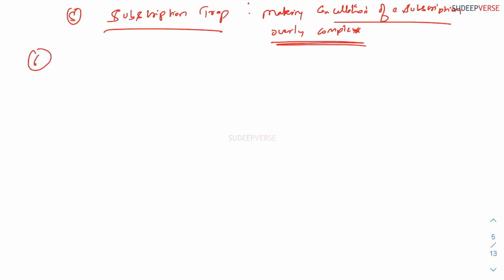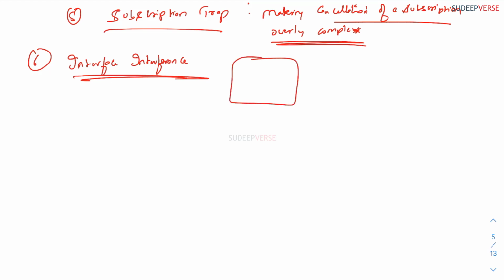The sixth is interface interference. Okay, basically what this means is, if you take a web page, let us say that the user wants to see the entire information that is there in the web page, but the web page is designed such that some parts of the web page are highly highlighted and they are made to grab the user's attention, and in order to make sure that this part is highly highlighted, they are going to obscure the other parts.